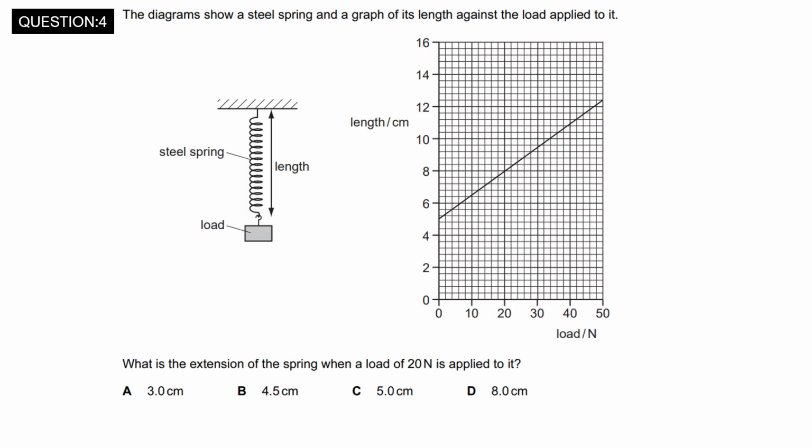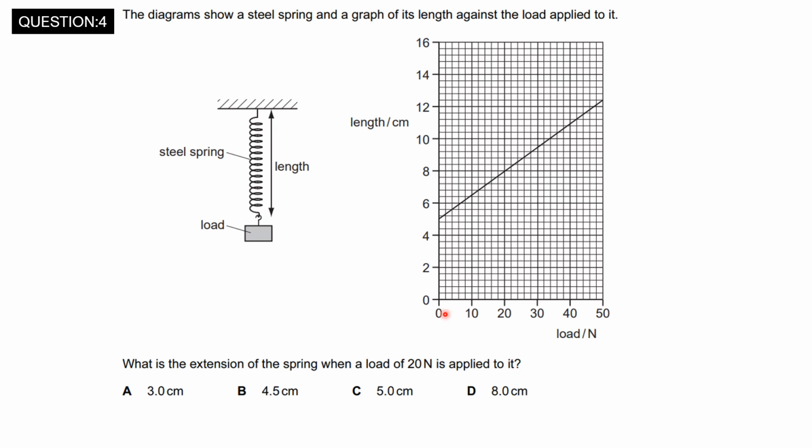Try this fourth question. The diagram shows a steel spring and a graph of its length against the load applied to it. Here you can see the graph is length against load, not extension. So what is the extension of the spring when a load of 20 Newton is applied to it?